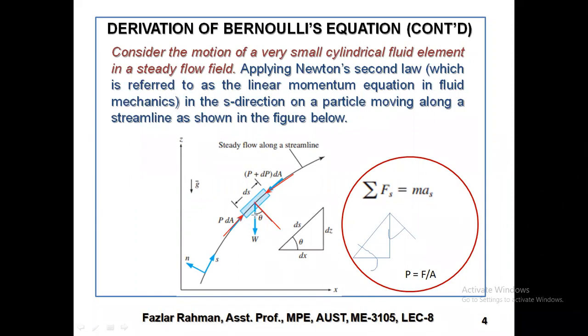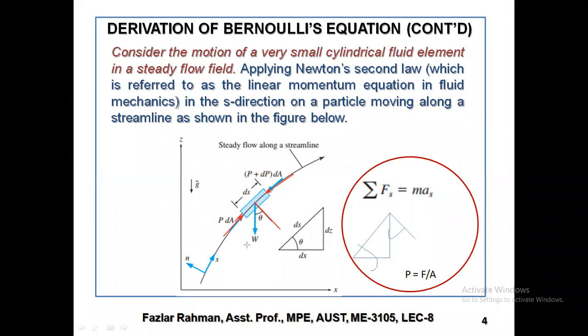So you see, there are three forces in total working. On the left side, pressure is pushing the fluid element upward, P into dA. At the upper end, pushing it down, P plus dP into dA. And the weight of the fluid is working downward.